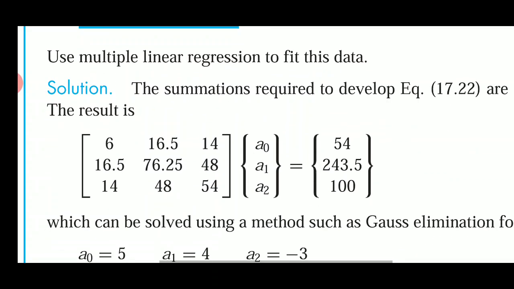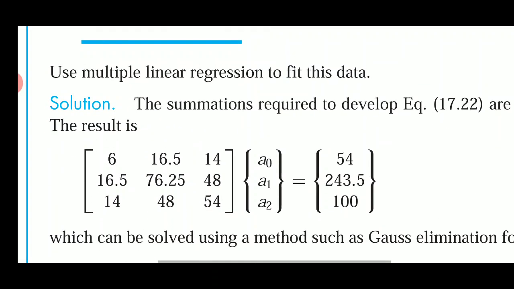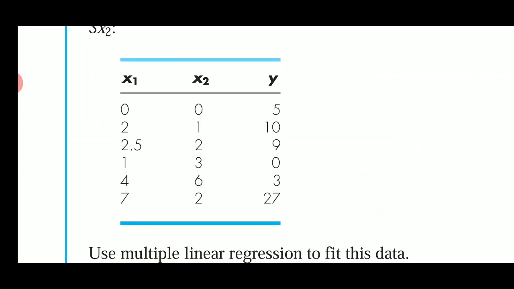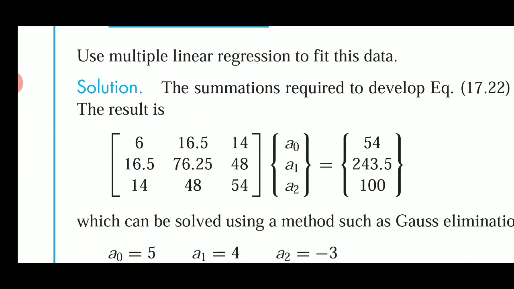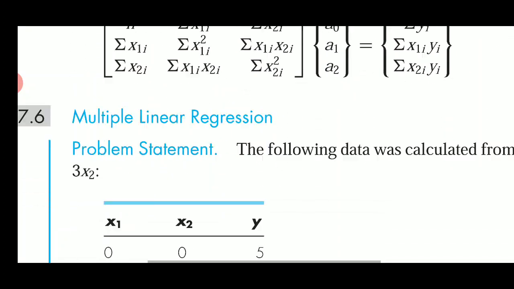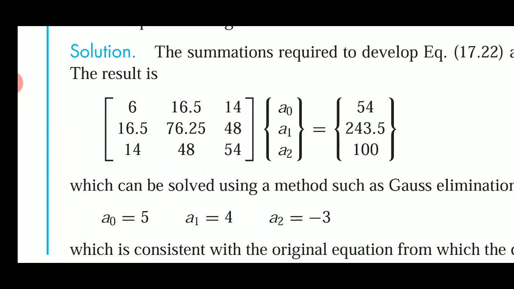So if I do that, then I will get here, see, the number of points are 1, 2, 3, 4, 5, 6. So I get 6 here, right? Then summation of x1i is 16.5 and so on and so forth. So just observe the earlier matrix form equation and this equation. We have simply substituted the values here, and then you get a simple matrix.